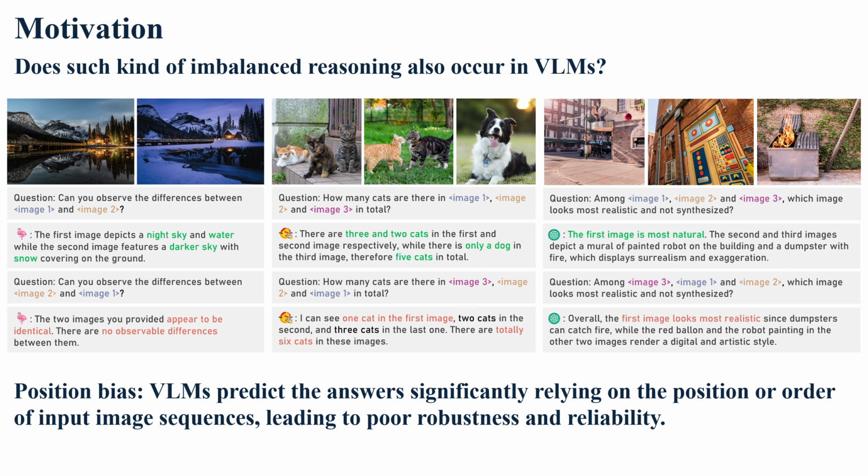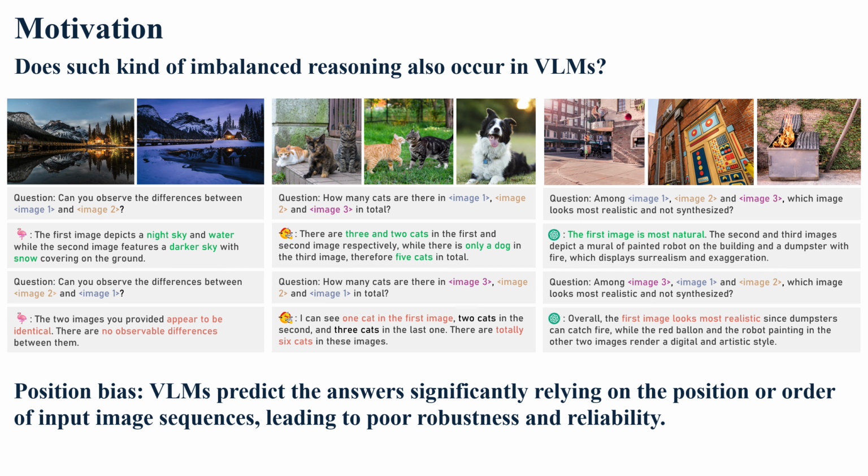If we input these images in the order of their appearance here, we can see that the model can successfully describe the differences, like the night sky, water, or snow. But if we simply switch the positions of these two images, the model will think the two images appear to be identical with no observable differences between them.